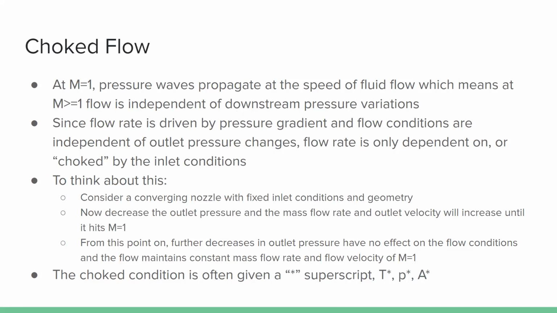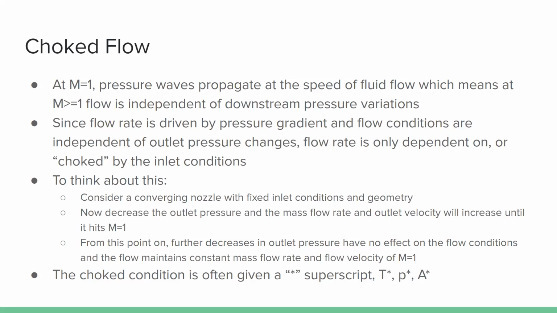So once you hit that Mach 1, any changes downstream are not going to affect anything that's happening inside the nozzle. You can then decrease that outlet pressure as much as you want, all the way down to a vacuum, but it's no longer going to increase the mass flow rate or the Mach number of the flow. So that's the concept of choked flow.